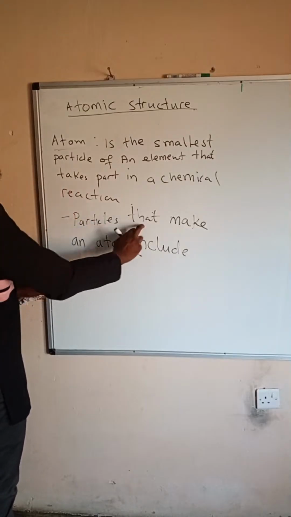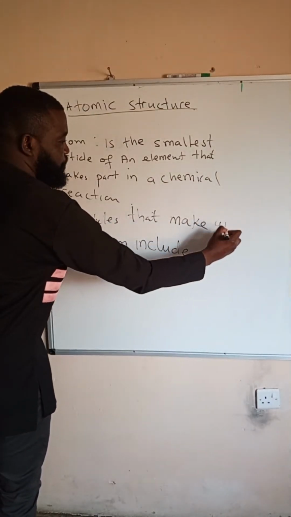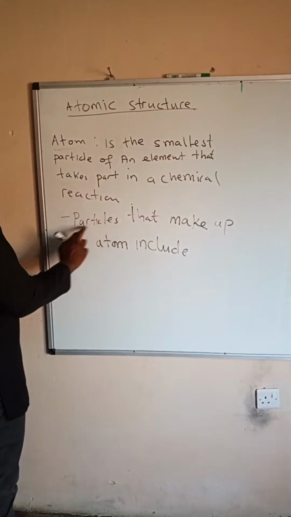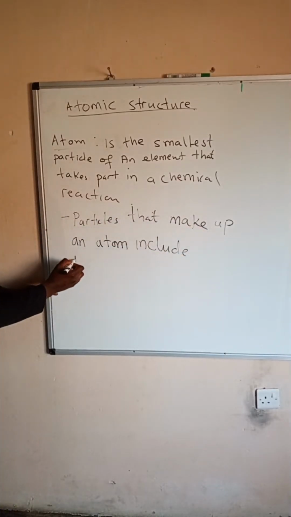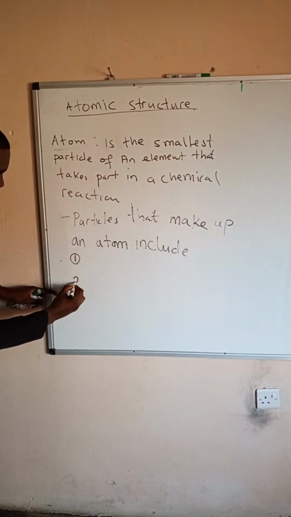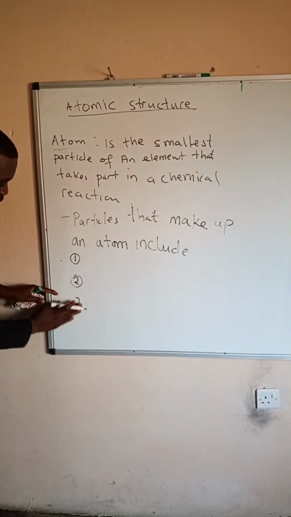The particles that make up an atom include 1, 2, 3. These are the three fundamental particles that make up an atom.